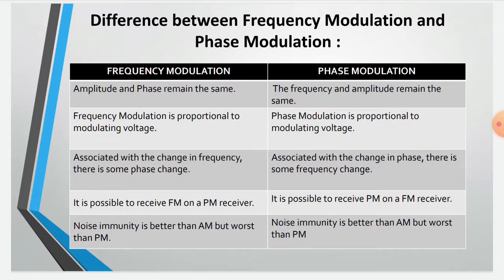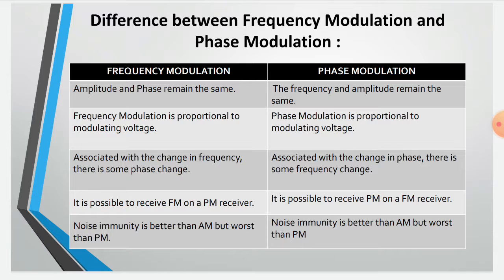Phase modulation is proportional to modulating voltage. Associated with the change in frequency, there is some phase change. For phase modulation, associated with the change in phase, there is some frequency change.